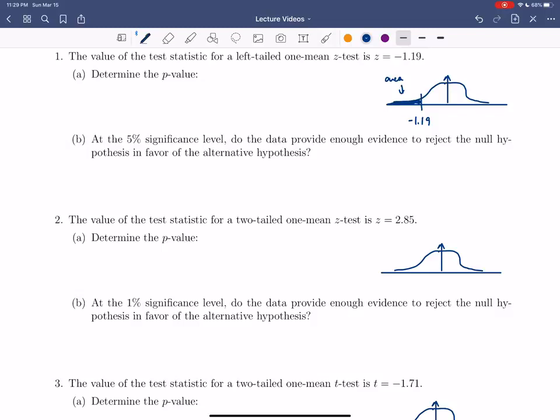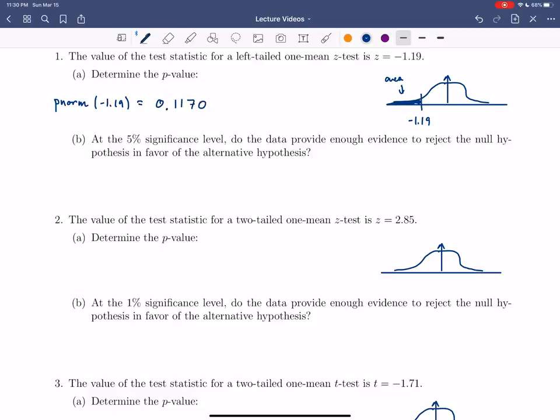So what we're going to have to do in R is type, we want the cumulative probability up to negative 1.19. This is a left-tailed test, so we're only worried about the left tail. This is all we need. So if we type pnorm(-1.19) into R, we end up with 0.1170.